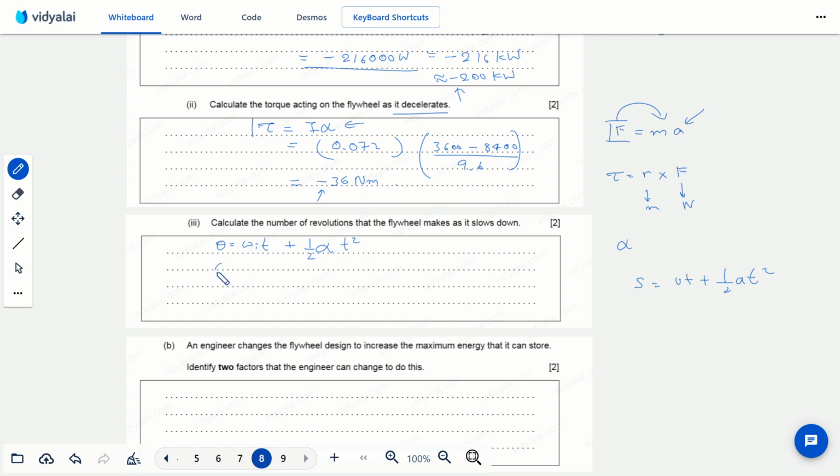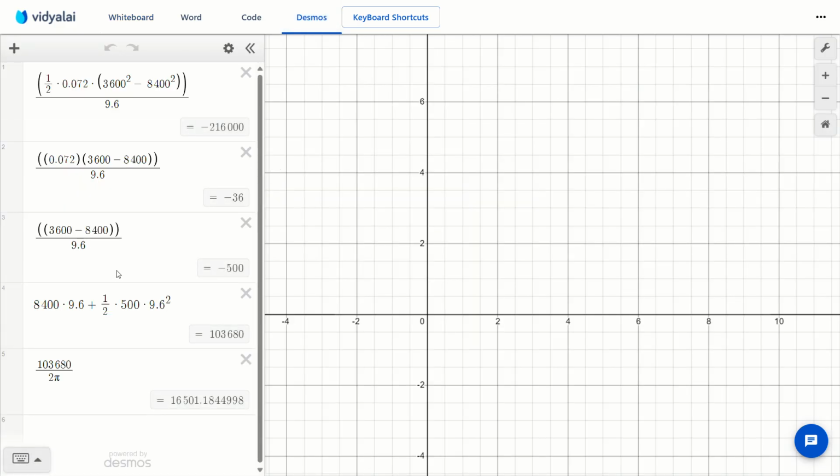Substituting for all these values, I get 1400 times 9.6 plus 1/2 and minus of this value right here.